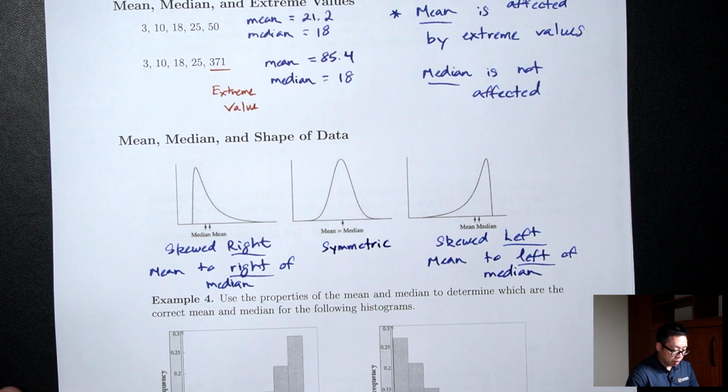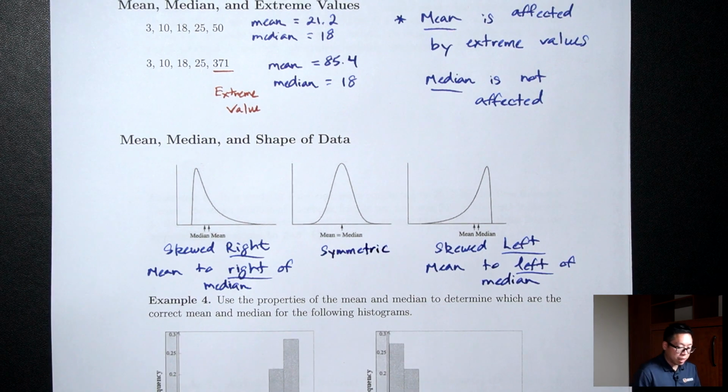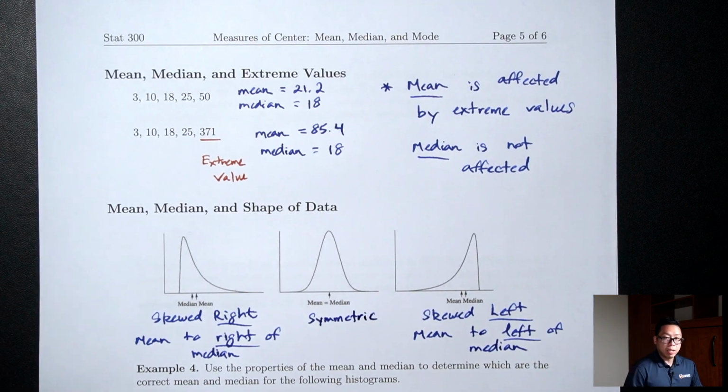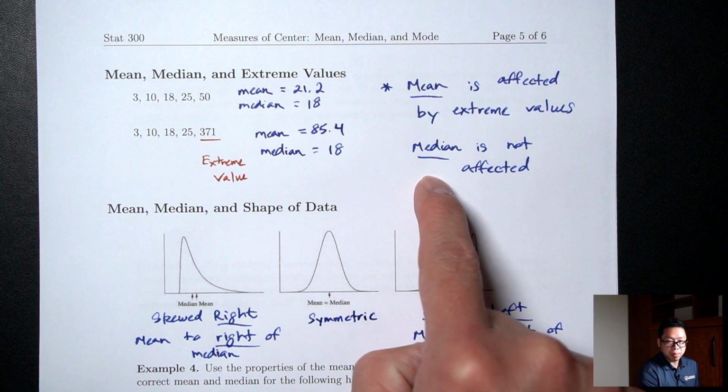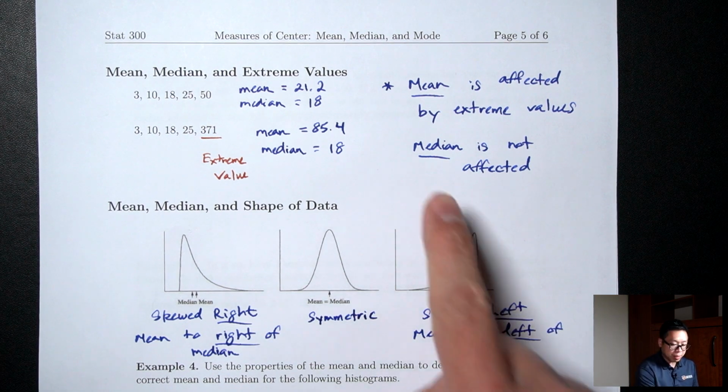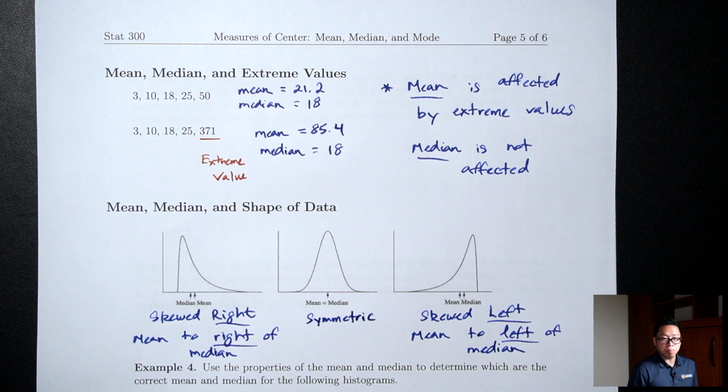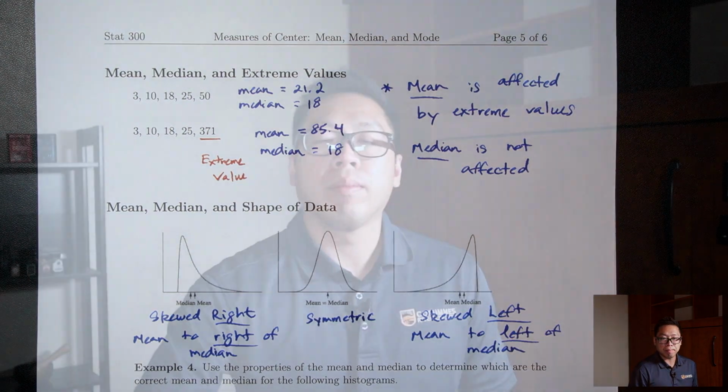So now let's try an example. Actually, before we try an example, one thing I want to say here is that because the mean is affected by extreme values, if your data has extreme values, it's better to use the median than the mean, because the median is not going to be affected much by those extreme values. If you look at income in a certain city or housing prices in a certain city, you will find extreme values, right?